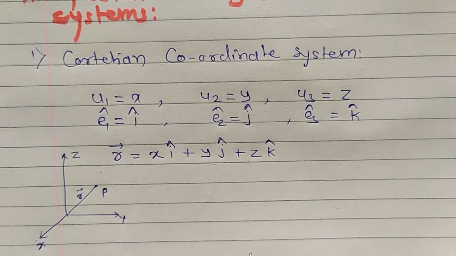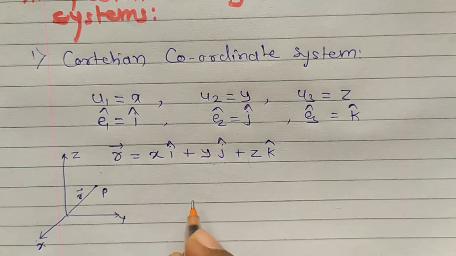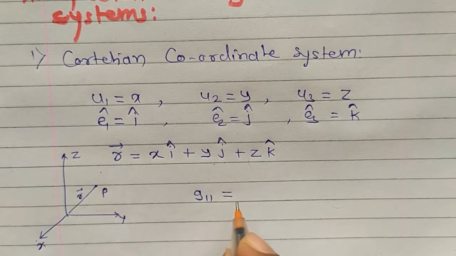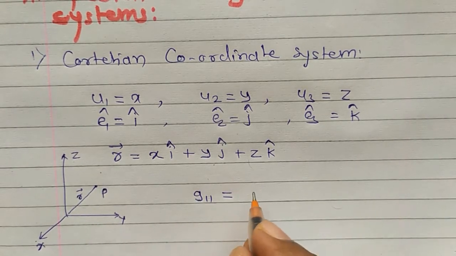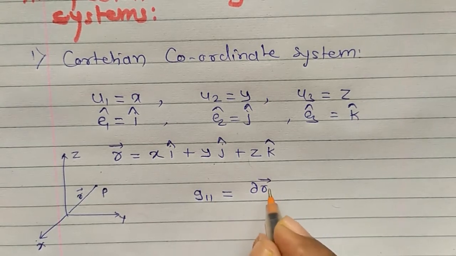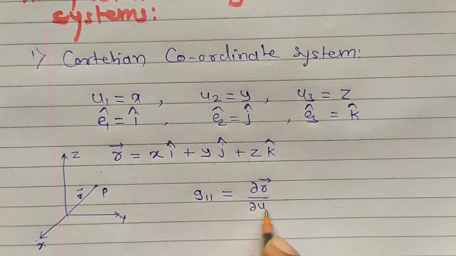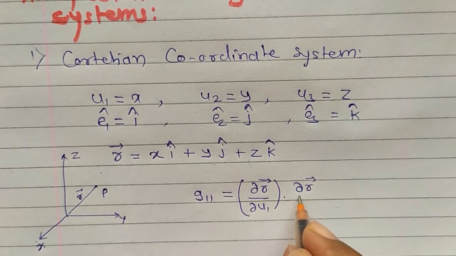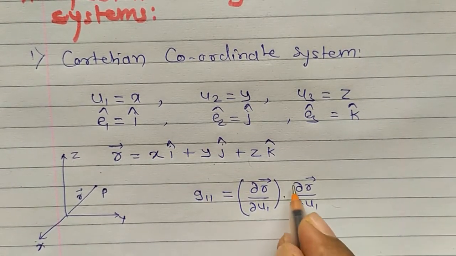Now, in earlier lectures we saw that there are metric coefficients which are given by g11, g22, g33, and you can obtain them by differentiating r bar with respect to u1, that is, ∂r bar by ∂u1.